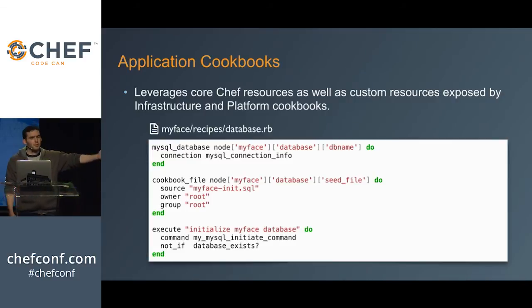Then the next one is a cookbook file that's going to put a MySQL init SQL file onto your server. And then you have an execute resource that's going to take that file and seed your database. So everything that you would need to spin up a MySQL database for your application is in one recipe.